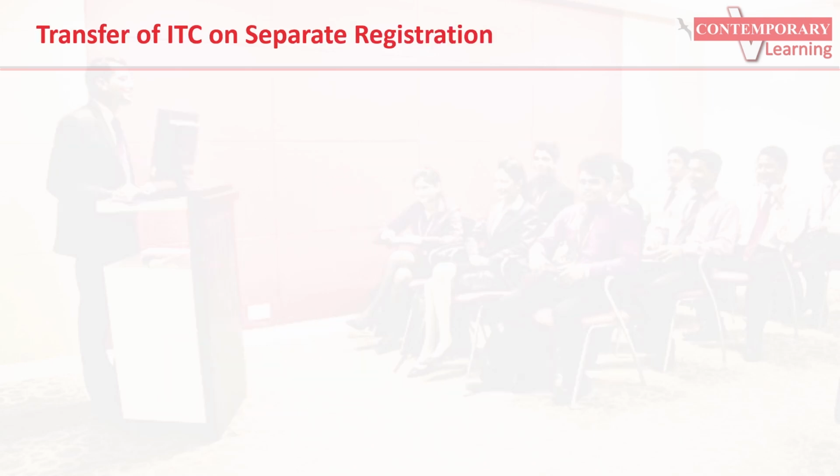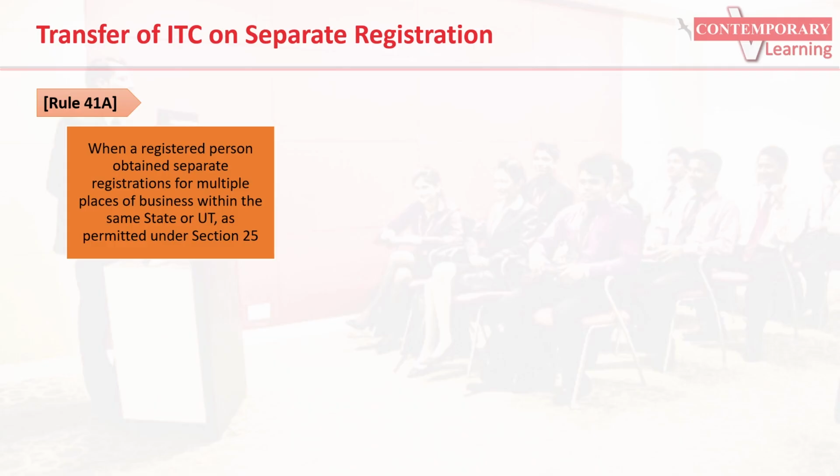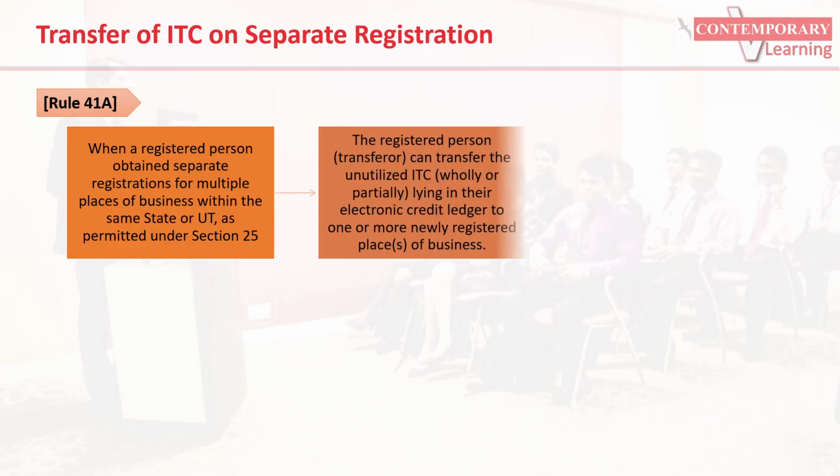The final topic today is transfer of ITC when you obtain separate registrations. Under Section 25, you can obtain separate registrations for multiple places of business within the same state or union territory. When you obtain such separate registrations, you can transfer unutilized ITC wholly or partially from your existing registration to the new registrations.